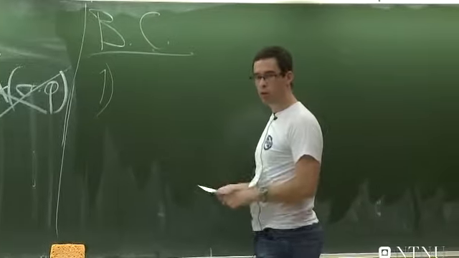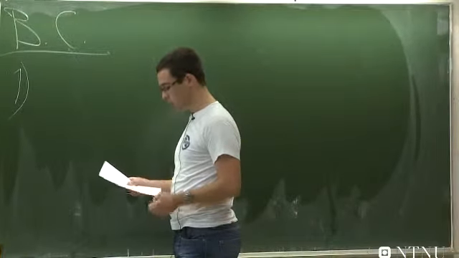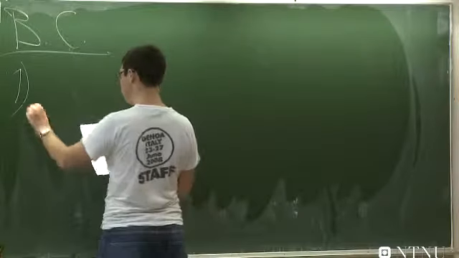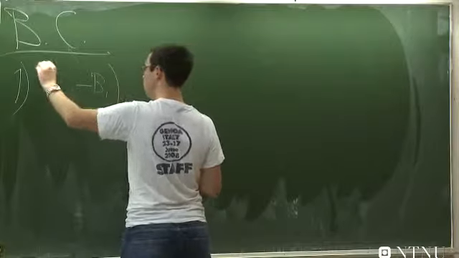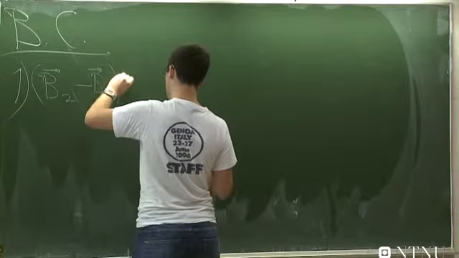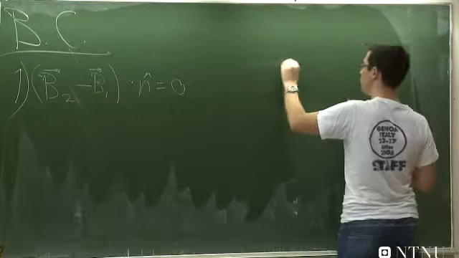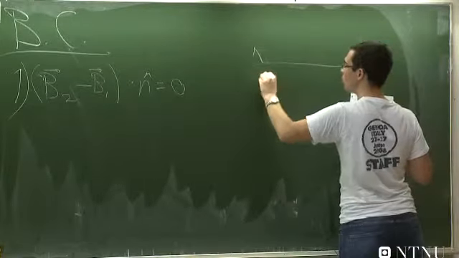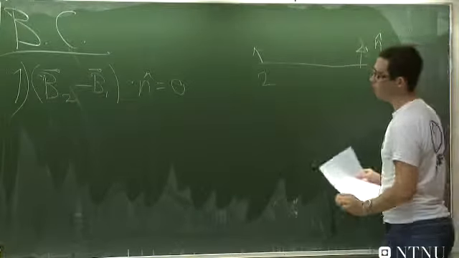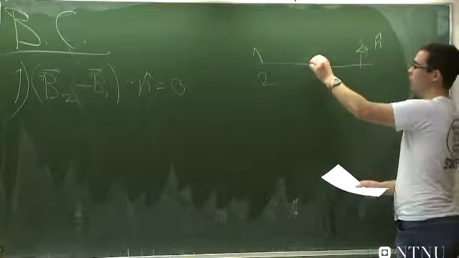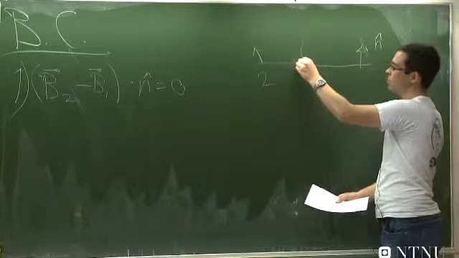You can write them both in terms of the B and the H field, or in terms of the vector potential. So B2 and B1 is the field. I'm taking the limit value now, so I'm starting out here and going down towards the boundary.